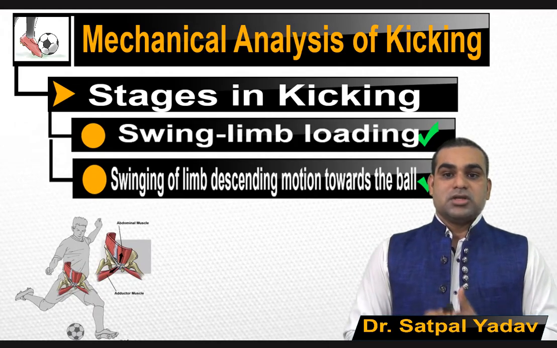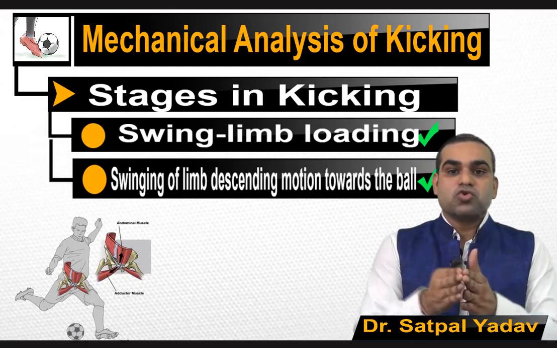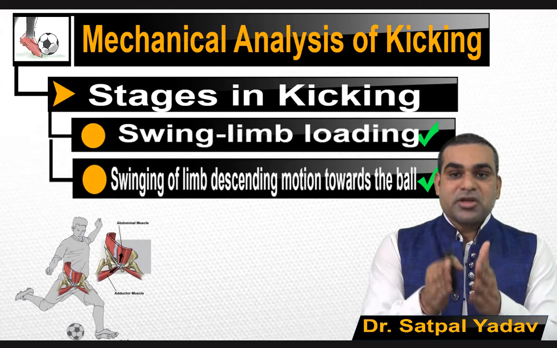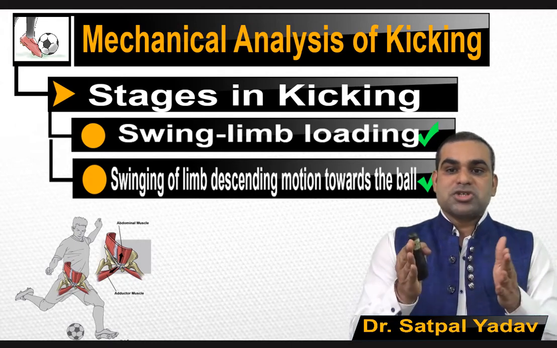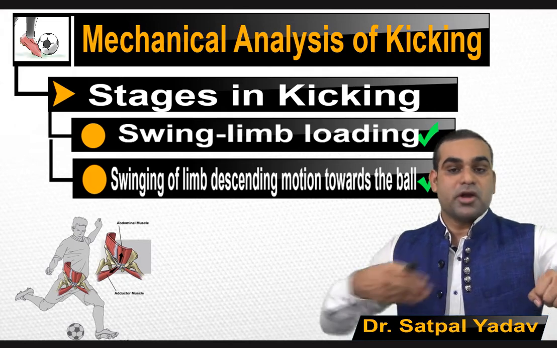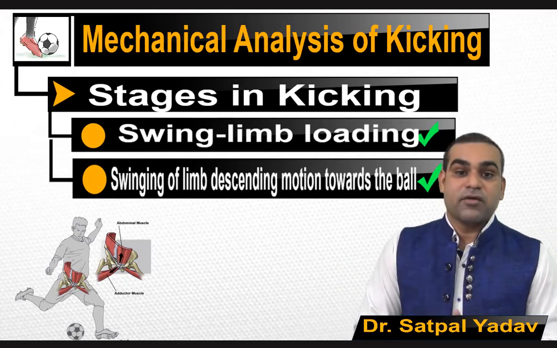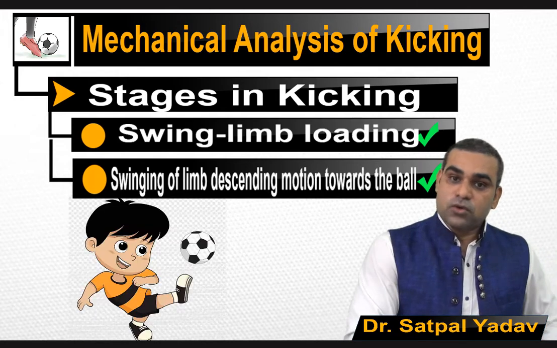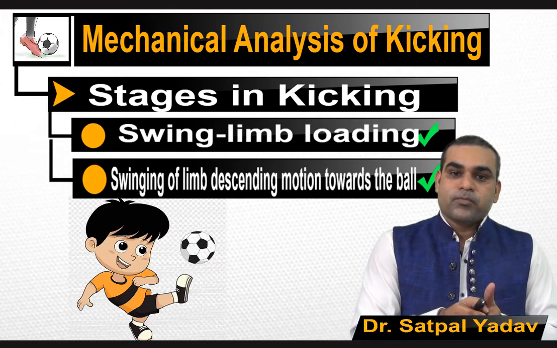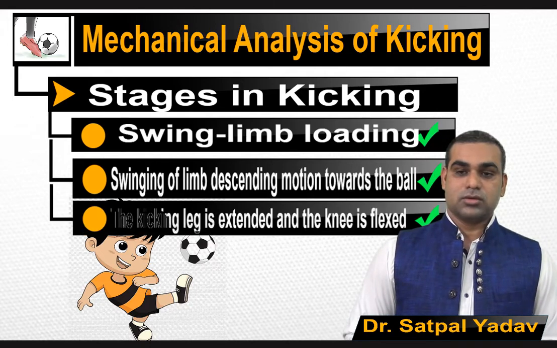Swing limb loading. The swing of the limb prepares for descending motion towards the ball. During this phase, the opposite arm is raised to counterbalance the rotating body. Both arms help keep the center of gravity over the support foot and increase the moment of inertia of the trunk.